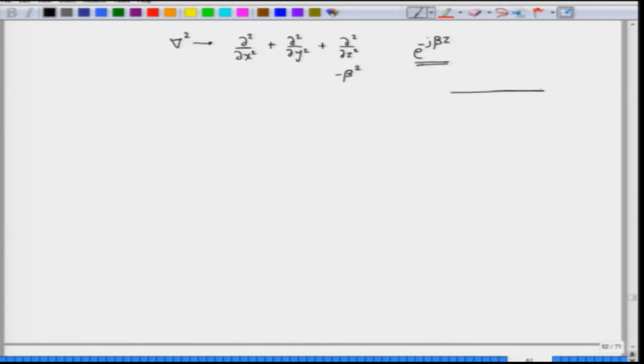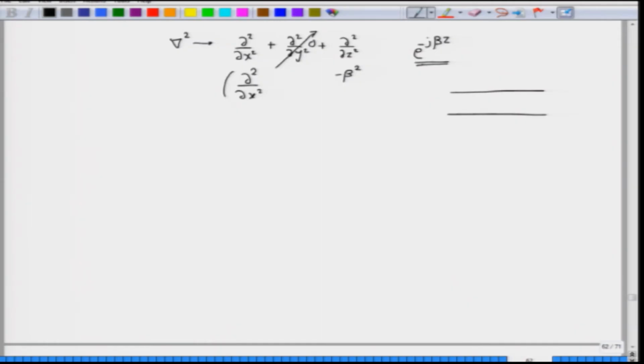Because our structure is taken to be infinite in the x and y plane, and none of the components depend on y, we can make the del square by del y square term go to 0. What I am now left with is that the del square operator is del square by del x square minus beta square.